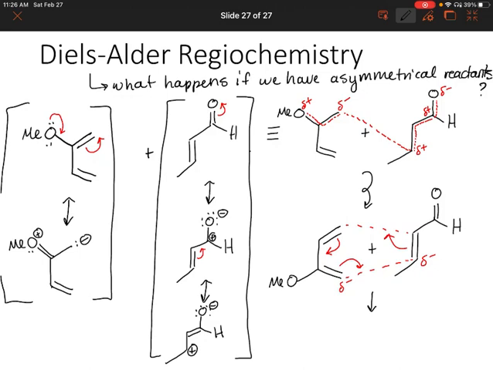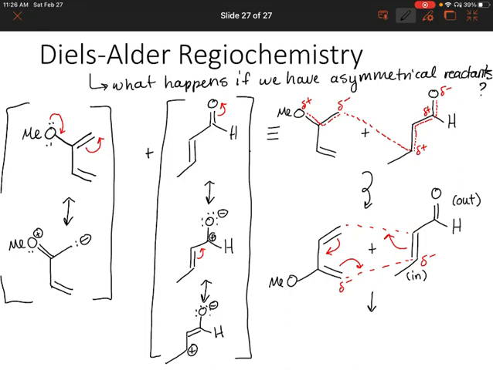Out, because it's pointing away from the reaction. All right, what about the methyl group on that same molecule? Is it pointing in or out? In, towards the reaction.